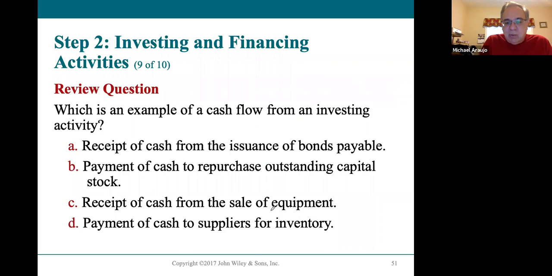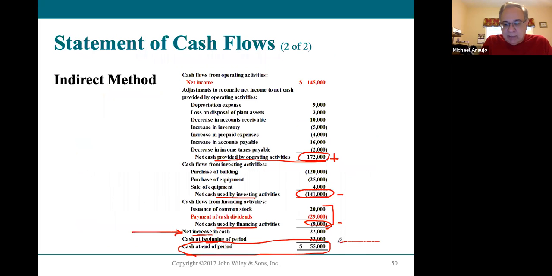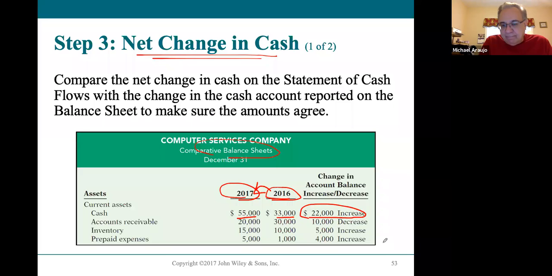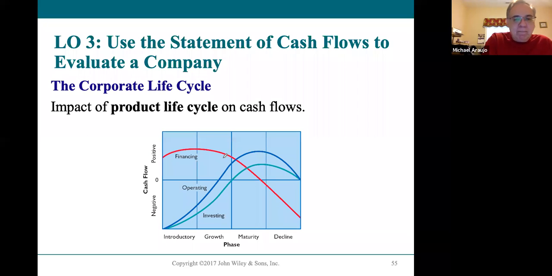That's exactly what this part of the slide shows us. They started with 33,000, they ended with 55,000, a $22,000 increase. That's where those numbers come from. And of course, this would be the cash on the balance sheet. And that's it. That's all we're doing for this chapter. So I'm going to stop and just record.